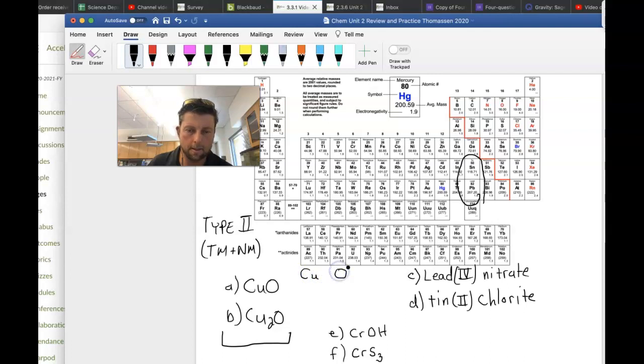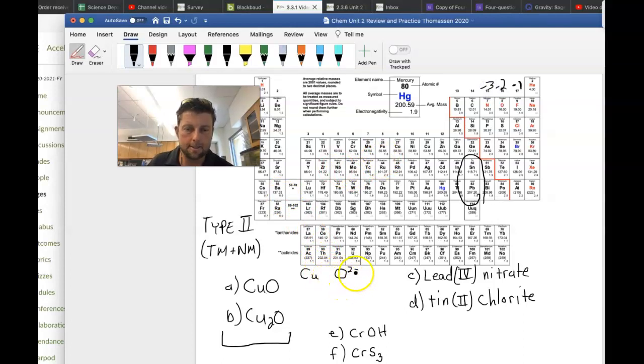We know the charge on oxide is always -2 because, as I should review here, ions that are in group 7 take a -1 charge. They have 7 valence electrons, so they take 1 extra. In group 6, they take 2 electrons to take a -2 charge. And in group 5, they typically take 3 electrons to get a -3. So we know oxygen is going to take a -2 charge in most ionic compounds.